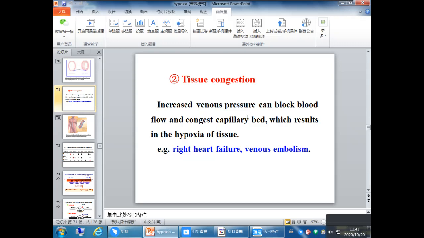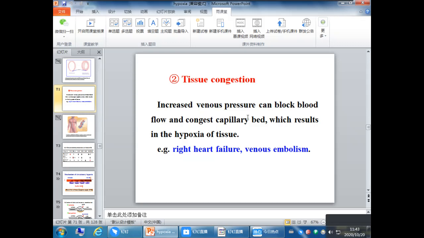Okay, if there is a lot of blood here, how will it cause hypoxia? Hypoxia happens because of congestion.